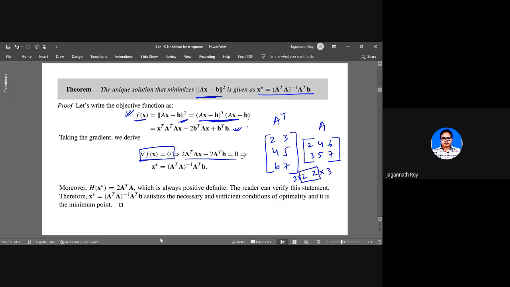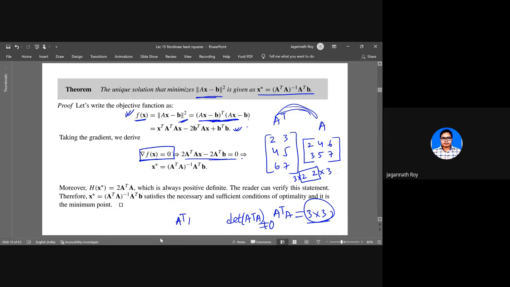So multiplication can happen. Now you can see that this product A transpose A is a 3 by 3 matrix, so a square matrix. If the determinant is non-zero, then there is a possibility that we can find the inverse.